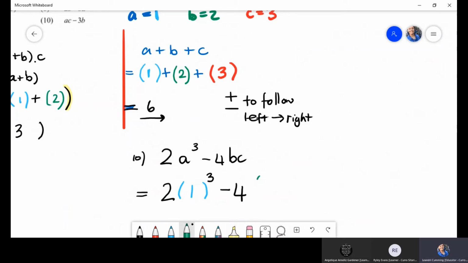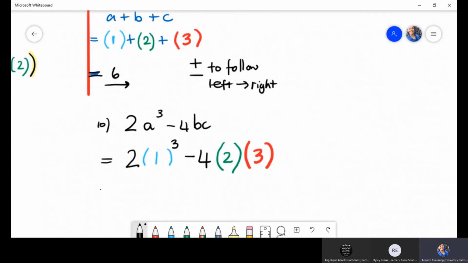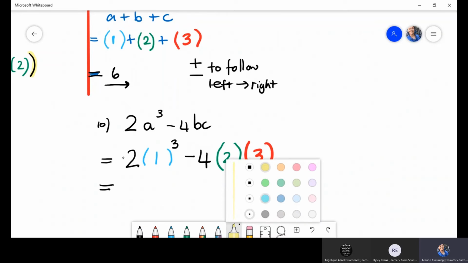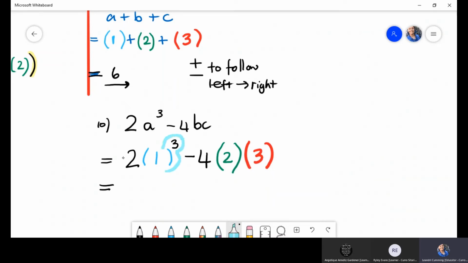I substitute 2 into the position of b. I substitute 3 into the position of c. Now I continue 2 times. Have I sorted this out? 1 to the power of 3 takes priority. 2 times 1. Let me just sort my brackets out.